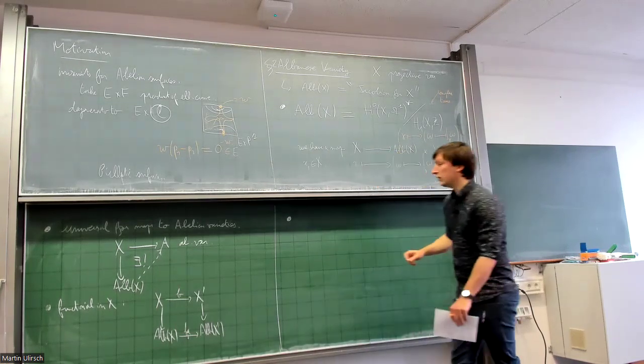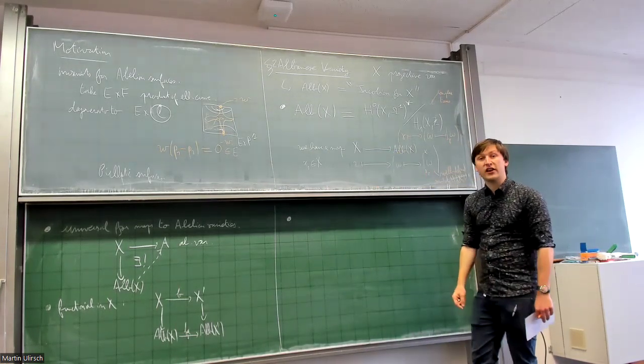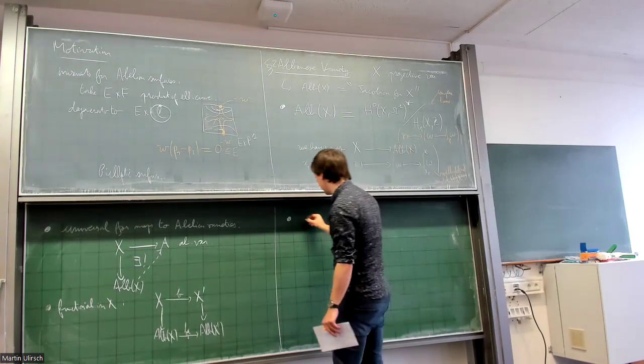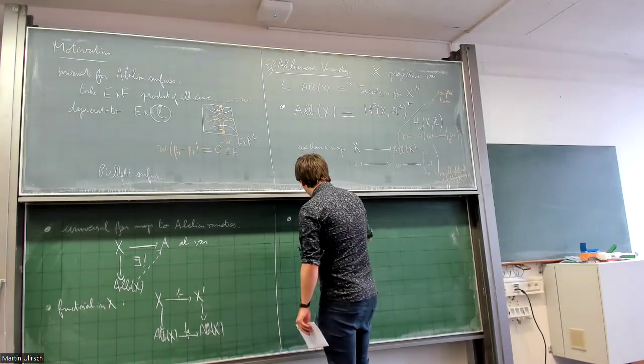And last, even if you are not accustomed to it, the Albanese variety is in fact the dual of the Picard group.